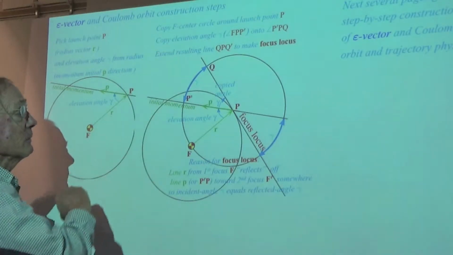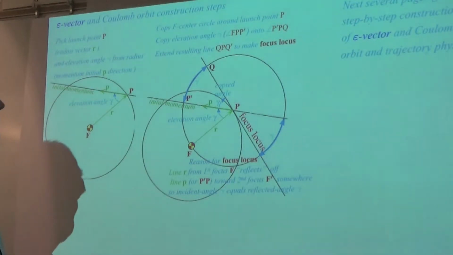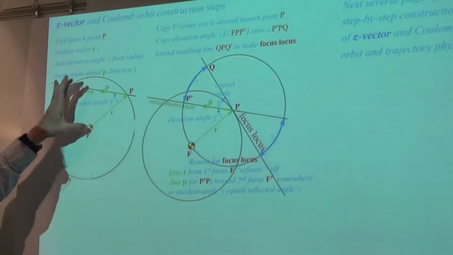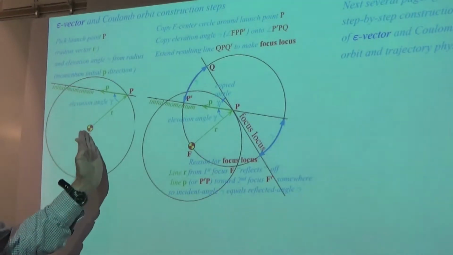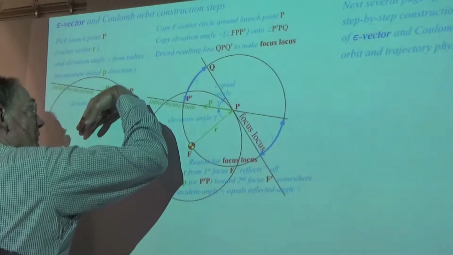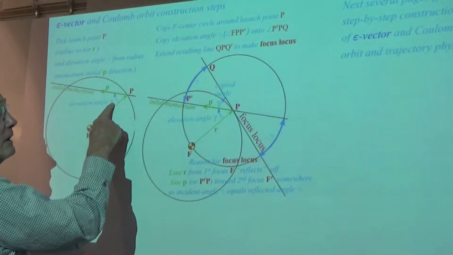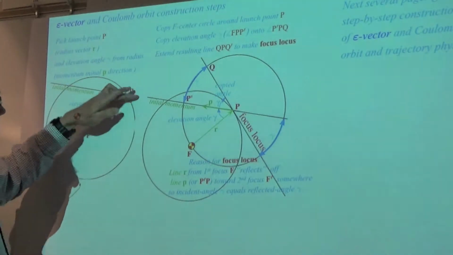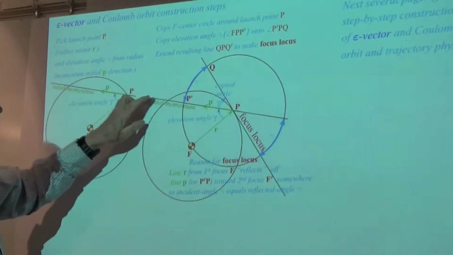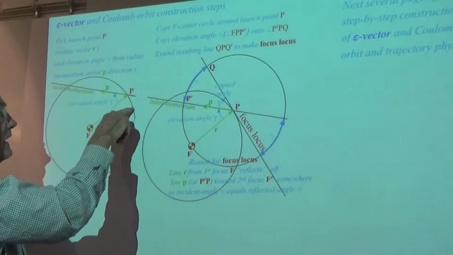So basically what we're doing here is we're copying this, call it the elevation angle, radial elevation angle. Start with something that was a diving orbit and raise it up some amount gamma, okay? And that will correspond to the complement of that.